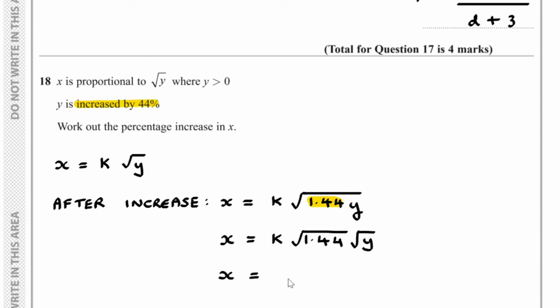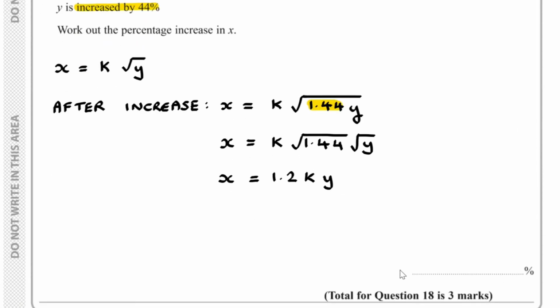So we've got x equals 1.2k, since the square root of 1.44 is 1.2, multiplied by the square root of y. So what's the percentage increase in x? Well, as a multiplier, we'd have 1.2, so we have an increase of 20%.